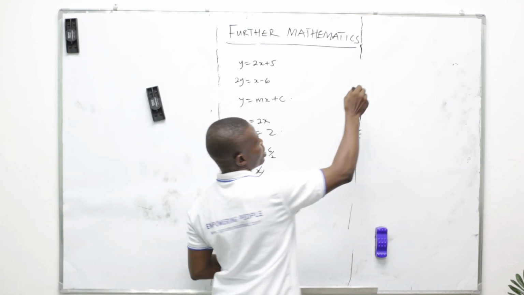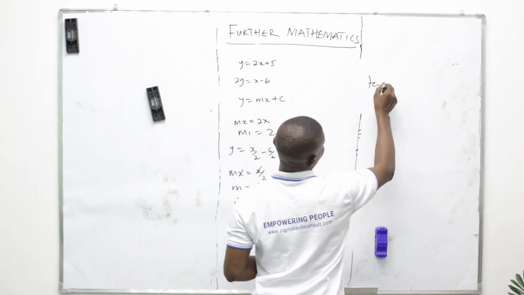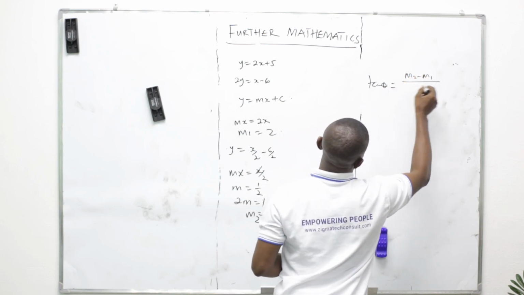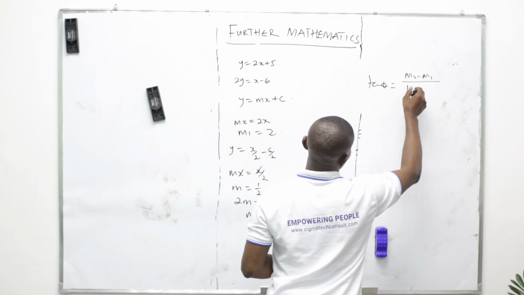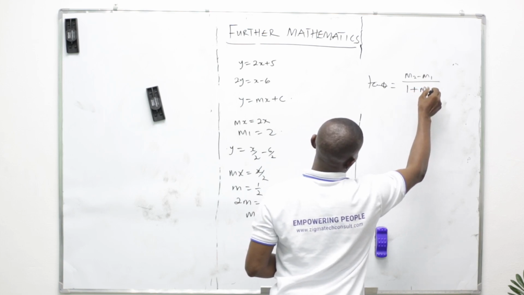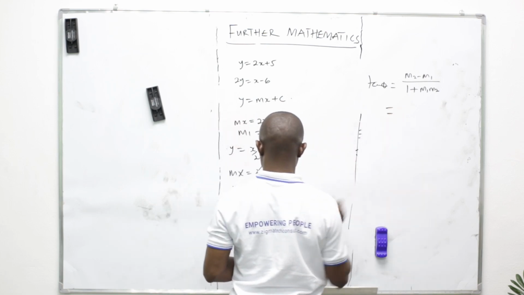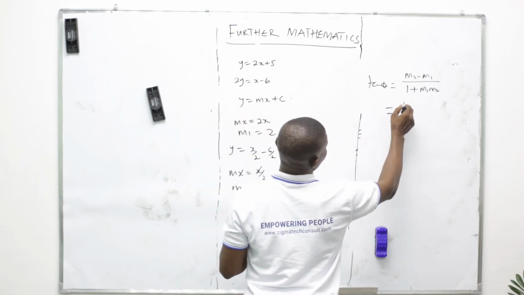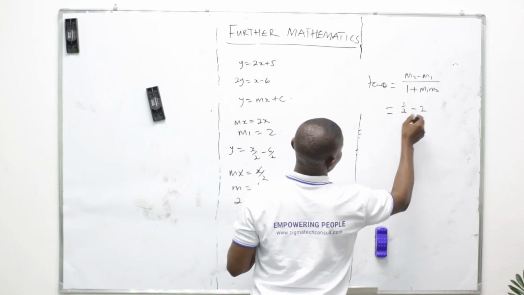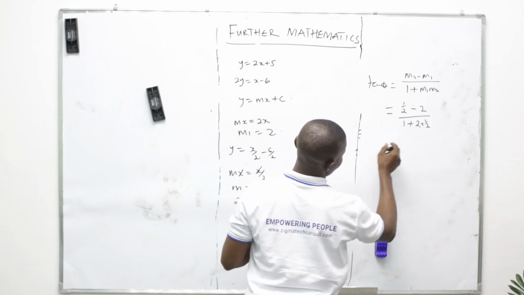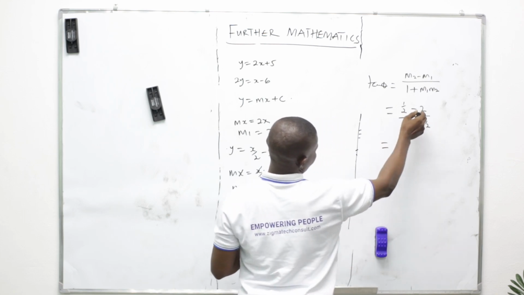But I know that tan theta equals m2 minus m1 all over 1 plus m1 m2. So this will give us 1 over 2 minus 2 all over 1 plus 2 times 1 over 2. This will give us this over 1.